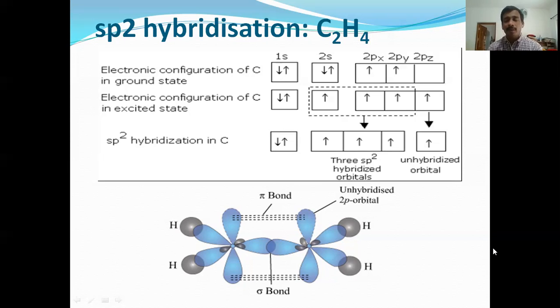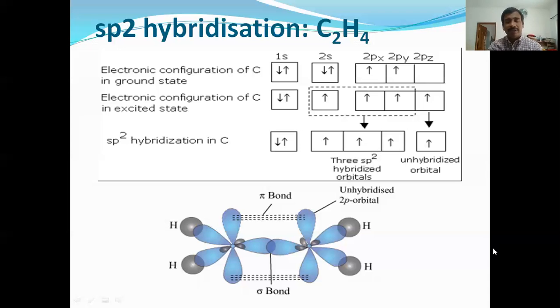Now the next one is SF6, sp3d2 hybridization with octahedral structure. That one also you try to write the scheme of hybridization and try to explain the geometry on the basis of the concept of hybridization.